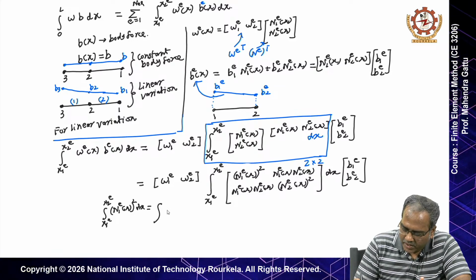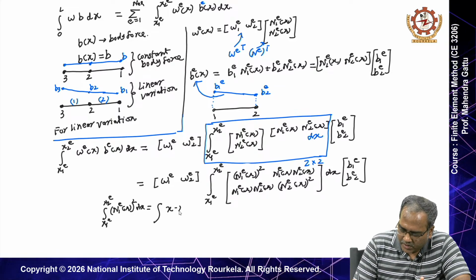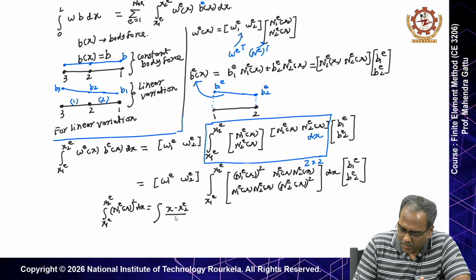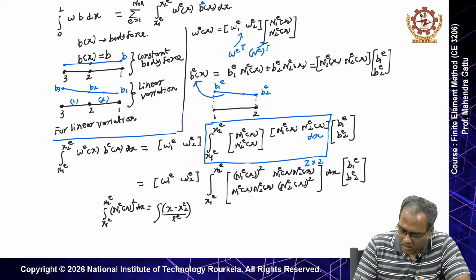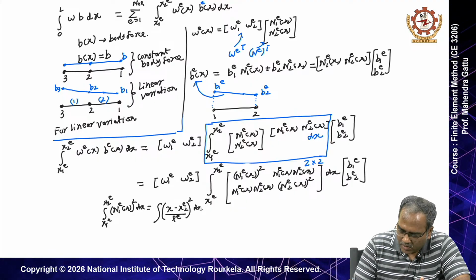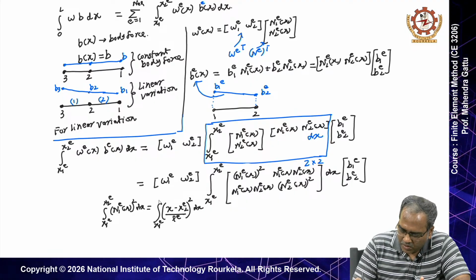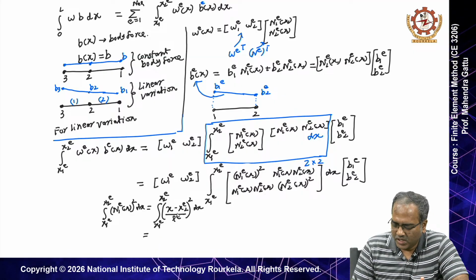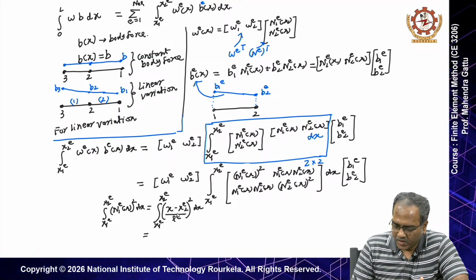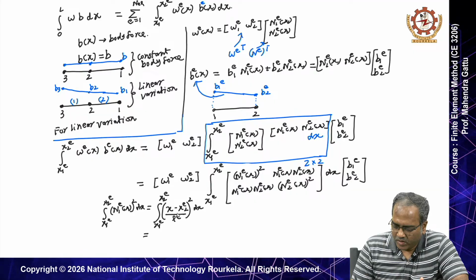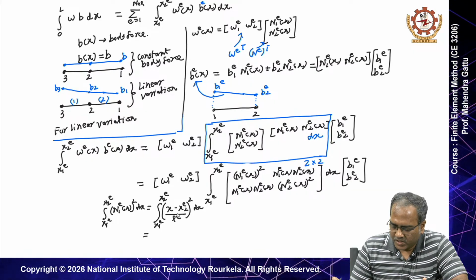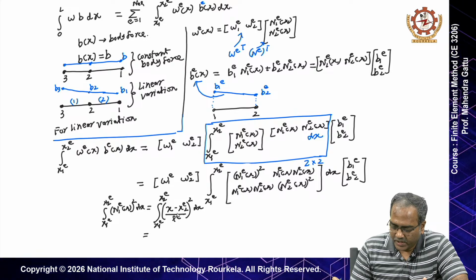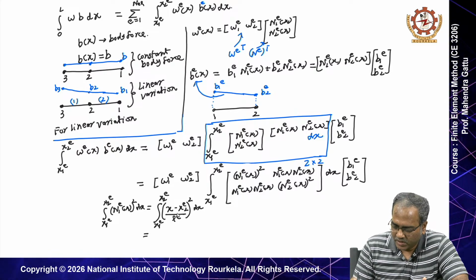It is actually the integral of x minus x2 e by le, whole square dx, from x1 e to x2 e. So, we write it as x minus x2 e whole cube by 3. So, you will get the first term as 0, and the next term is minus of minus, so it will be plus.